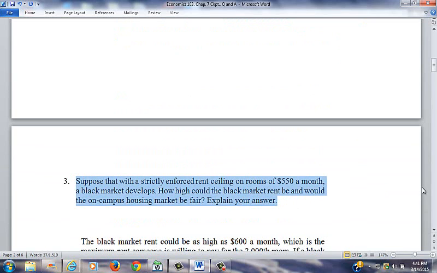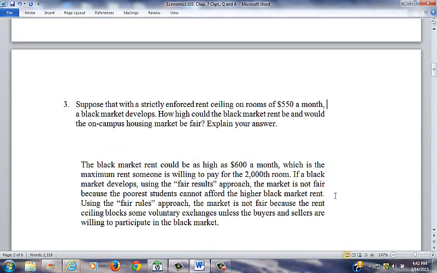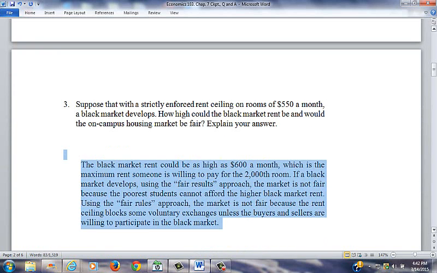Suppose that with a strictly enforced rent ceiling on rooms of $550 a month, a black market develops. How high could the black market rent be, and would the on-campus housing market be fair? Explain your answer. Well, the black market rent could be as high as $600 a month. That is the equilibrium price, which is the maximum rent someone is willing to pay for the 2,000th room.